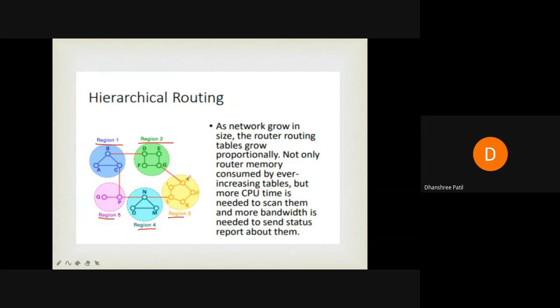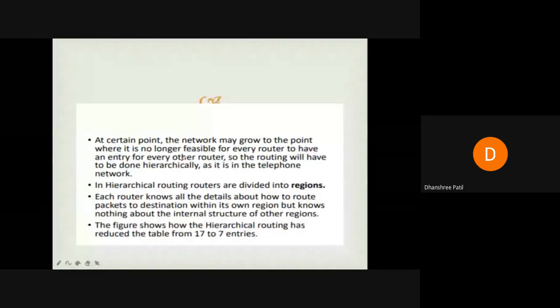Instead of having all the routers in a single region or single network, in hierarchical routing all these routers are divided into small regions. So this is called hierarchical routing.